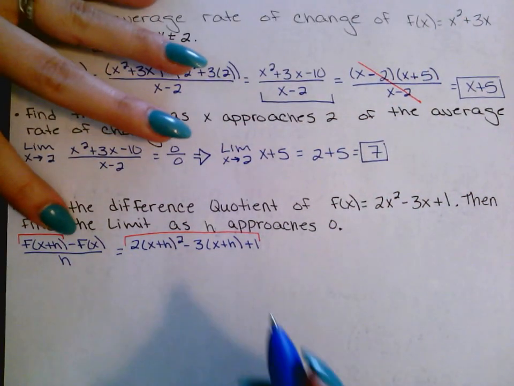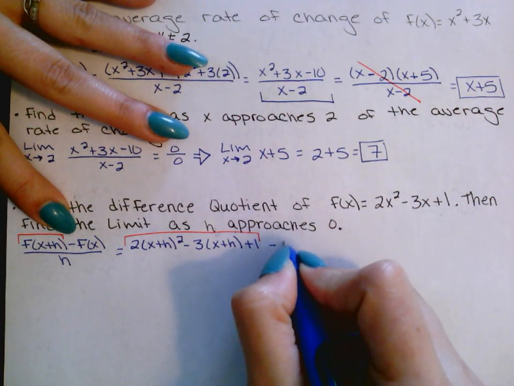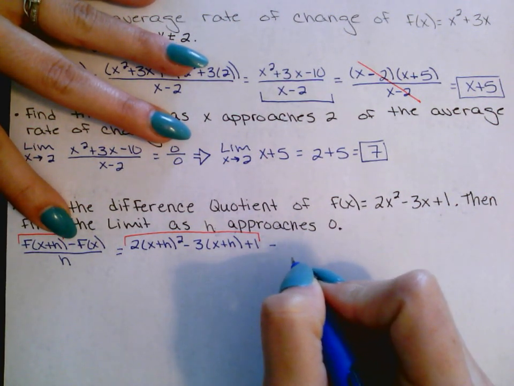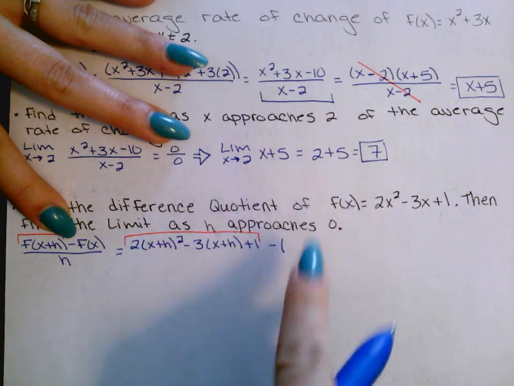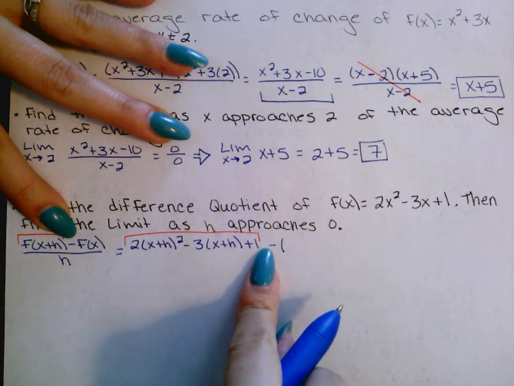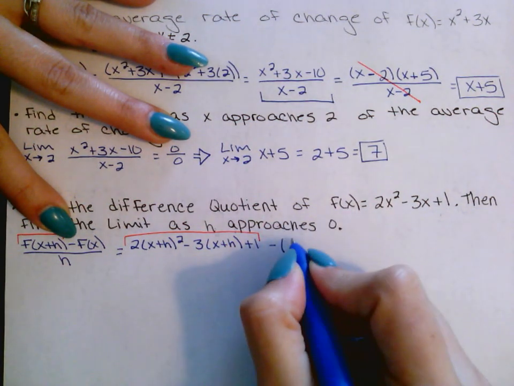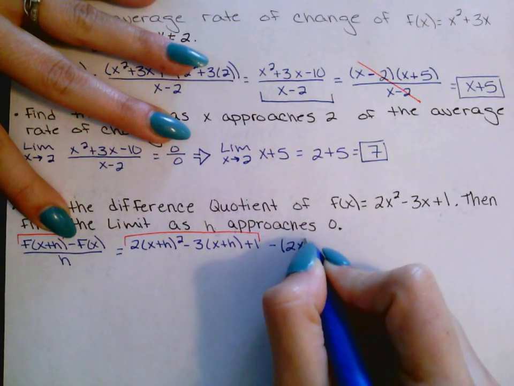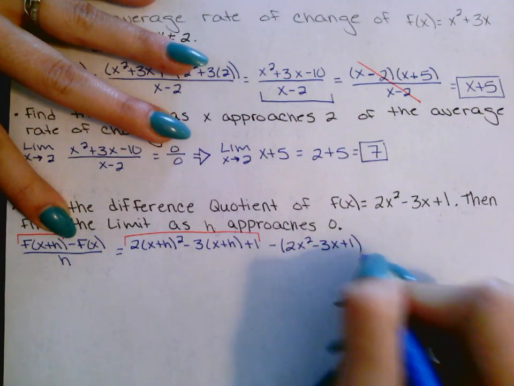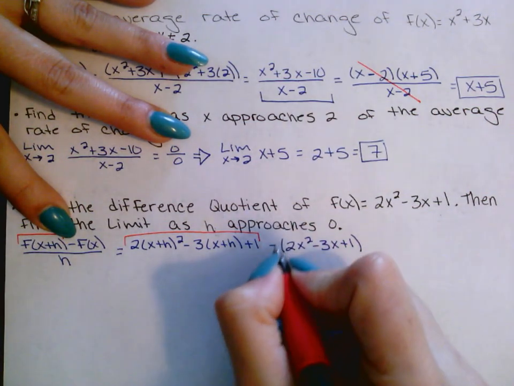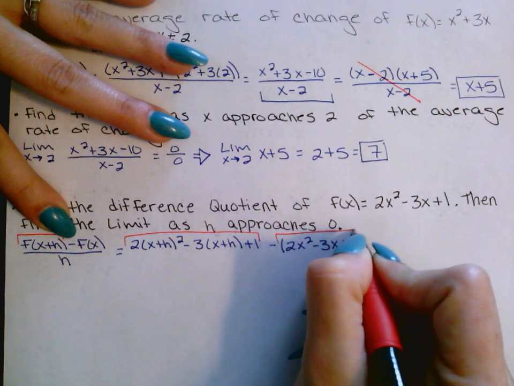Step 2 is going to be to say minus the original function f of x, which is nice. It's already given to me. The big thing you have to remember is to give parentheses, because you're subtracting, that negative is going to end up distributing. And you'll see as that happens now. So there's step 2.